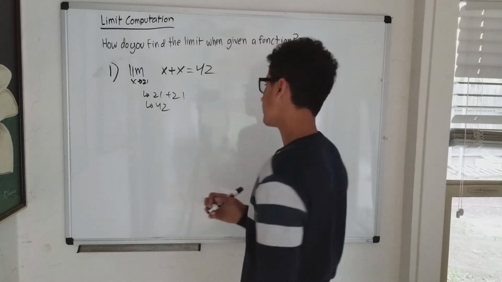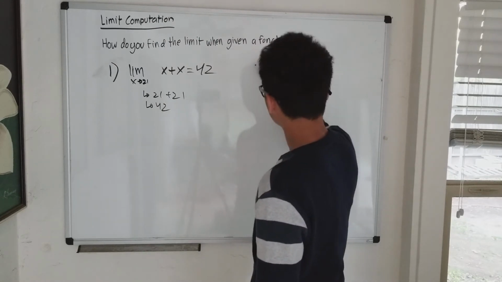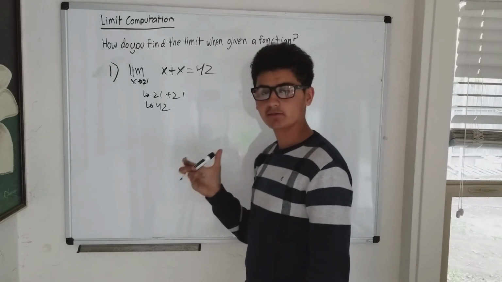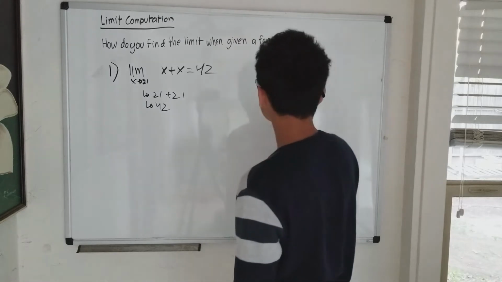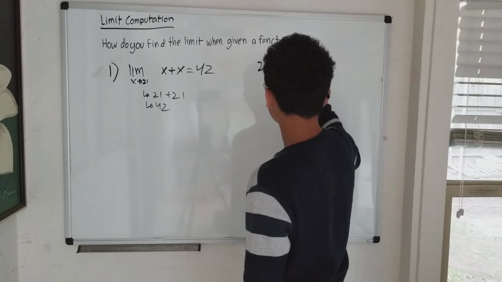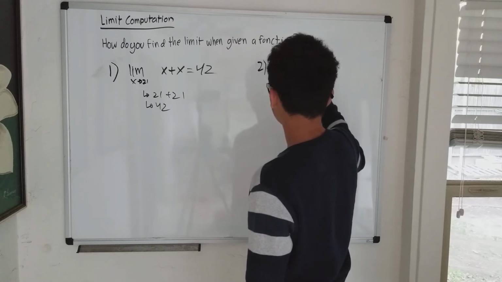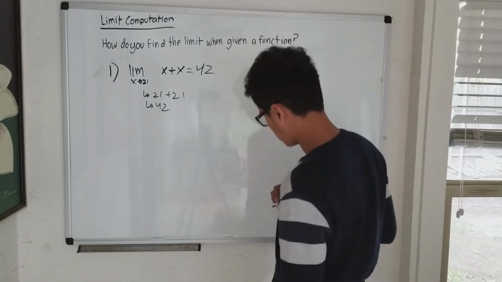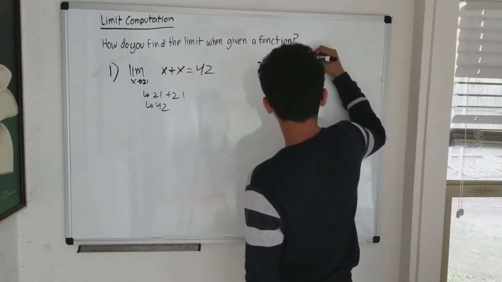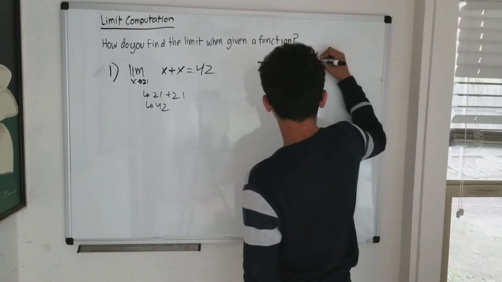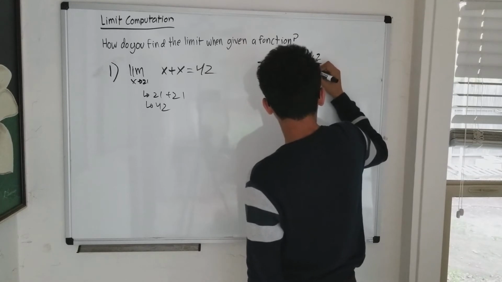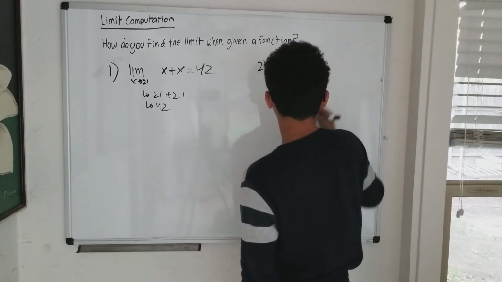Next thing we're going to do is a little more complex example, and we're going to see what you guys remember from my limit properties video, and we're going to use that a little bit here. So now we're going to try finding the limit as x approaches 3, because this is a little bit more complex here, of 4x plus 2 divided by x plus 3.